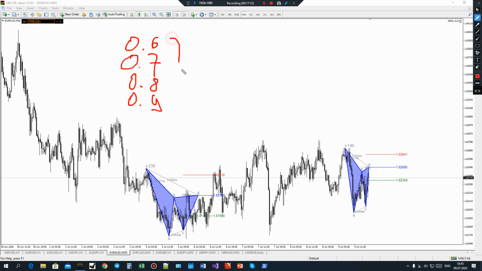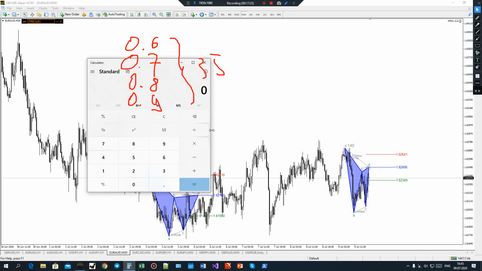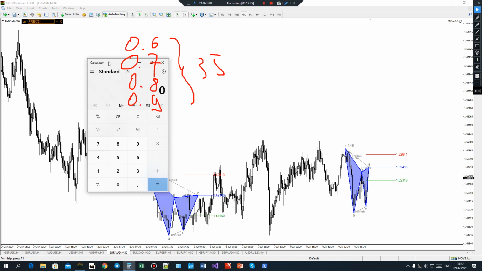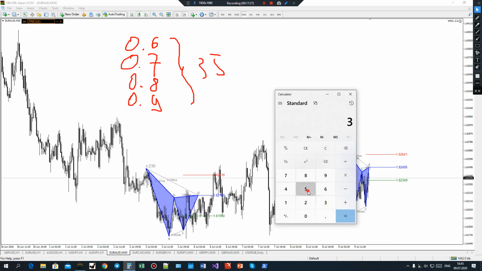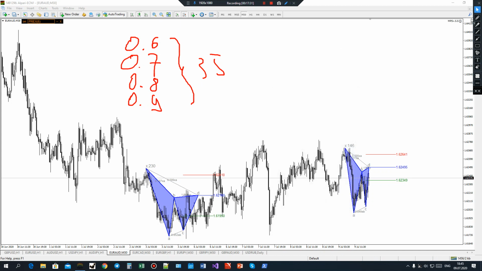If we multiply them all by 35 variations, how many total pattern variations do we have? Where is my calculator? 35 by 4, 140. So it gives us 140.